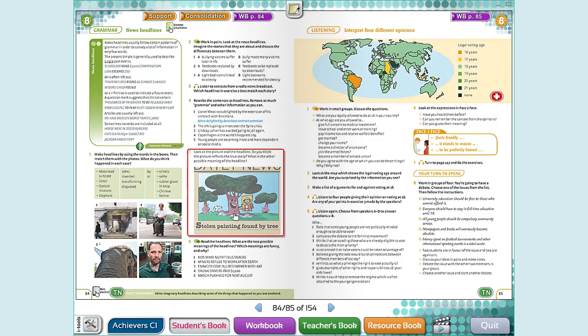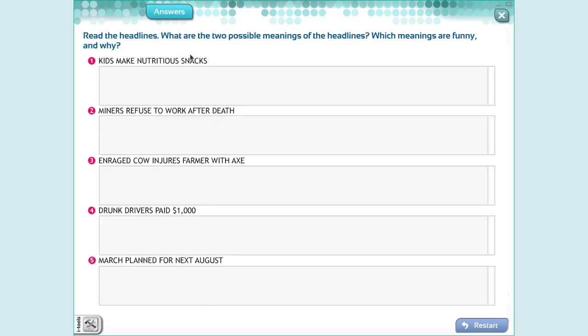And exercise 6, you need to write, when you read these headlines, what is the meaning that comes to your mind? What do you understand? Okay, when you read this, we can have something that is funny. Yeah? So, which ideas does the headline number 1 give us?